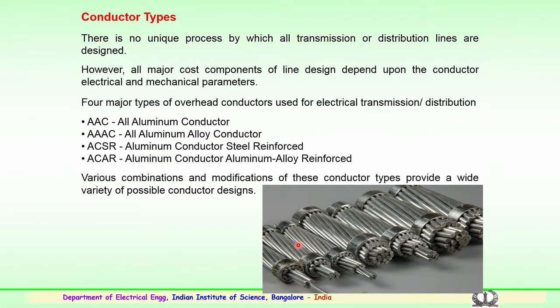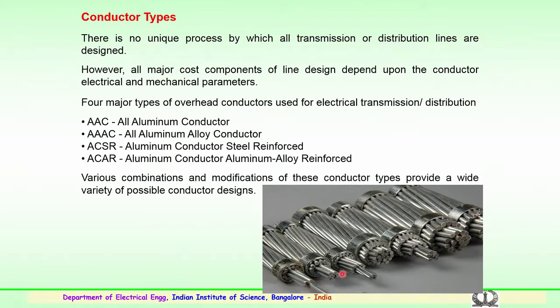So, with various combinations and modifications, these conductors provide a wide variety of possible conductor designs. You can see here the various types of conductors from a low voltage or medium voltage level to the very high, EHV or UHV level.